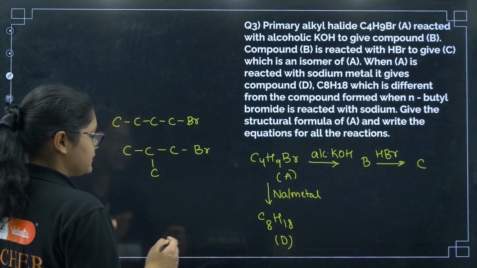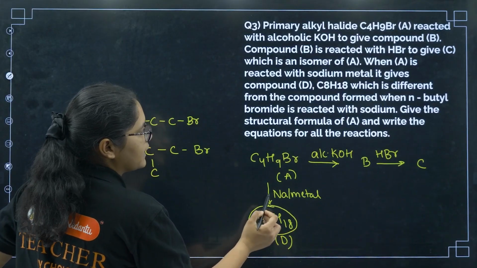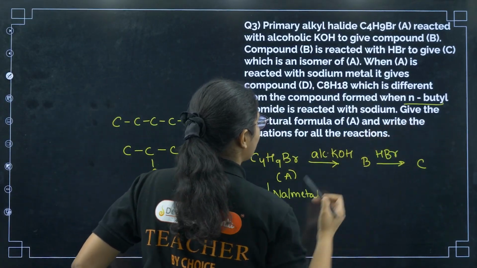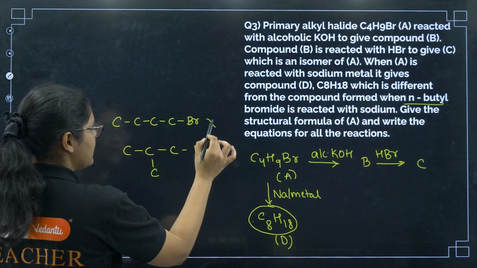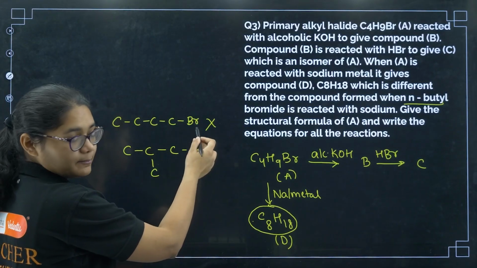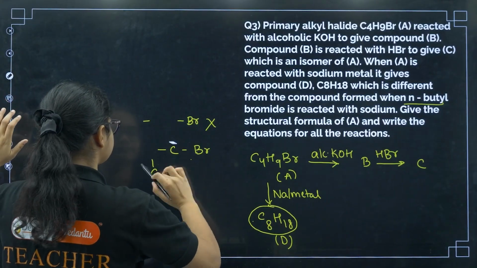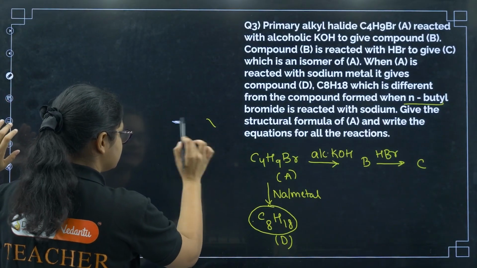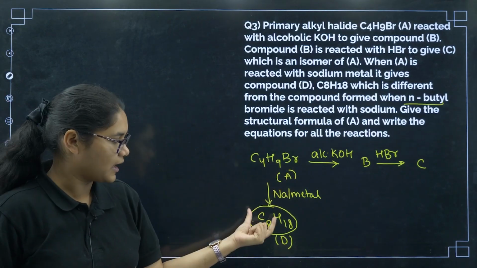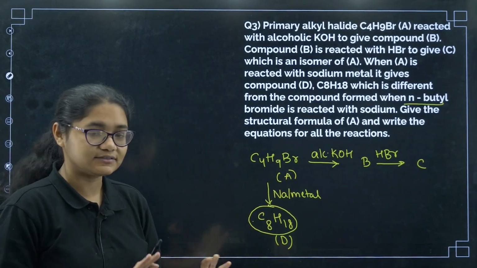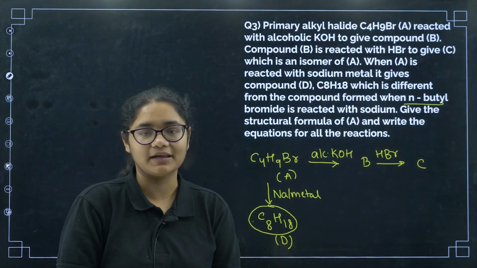But now the C8H18 which is obtained if n-butyl bromide reacts is not this C8H18. That means A is not this bromide, it has to be this one. So I have guessed A correctly now. Understood this point what I am saying? If this is n-butyl bromide, the product I will get is not that one, it is from some other product. So it has to be another primary alkyl halide.